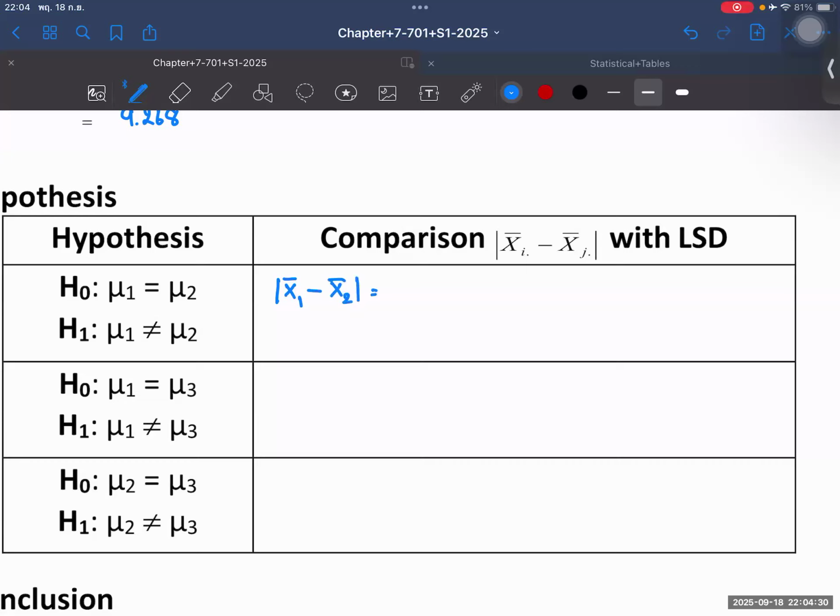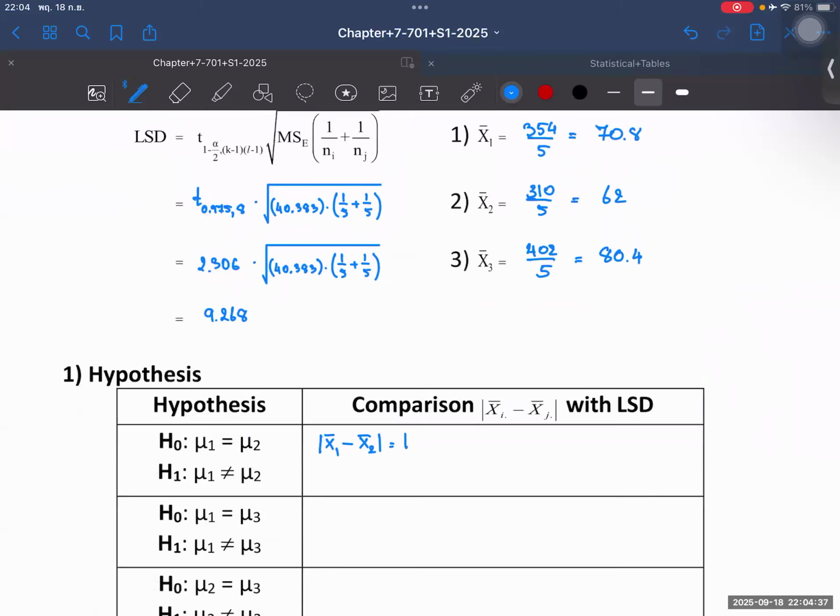So I have x bar 1 minus 62 is equal to what? 8.8. Okay. And the absolute of x bar 1 minus x bar 3 is equal to the absolute of 70.8 minus 80.4, which is equal to 9.6.